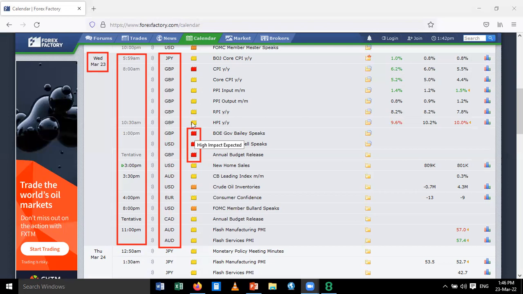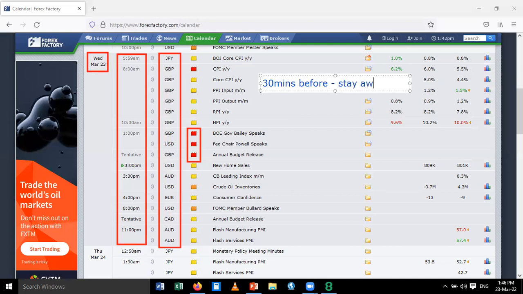How do you trade along with this? Once you spot that currency that has that red box, 30 minutes before the time for that news, stay away from that particular currency.